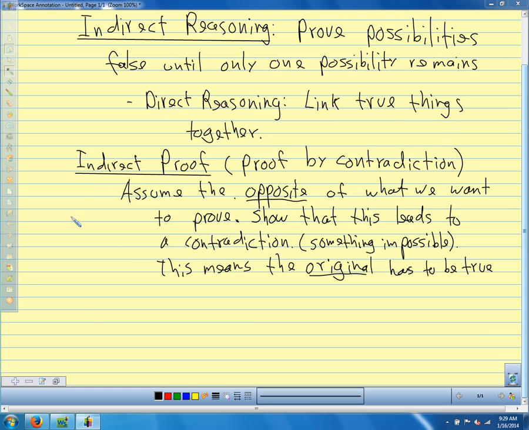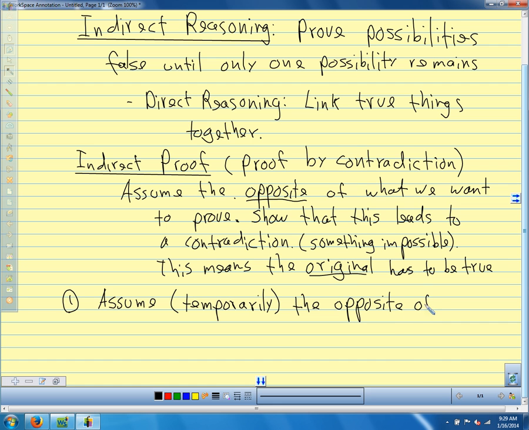So our steps, when we do an indirect proof, we have 3 steps. We start by assuming, and we're going to say temporarily. So we're not assuming it permanently, temporarily. So we assume the opposite of what we want to prove.